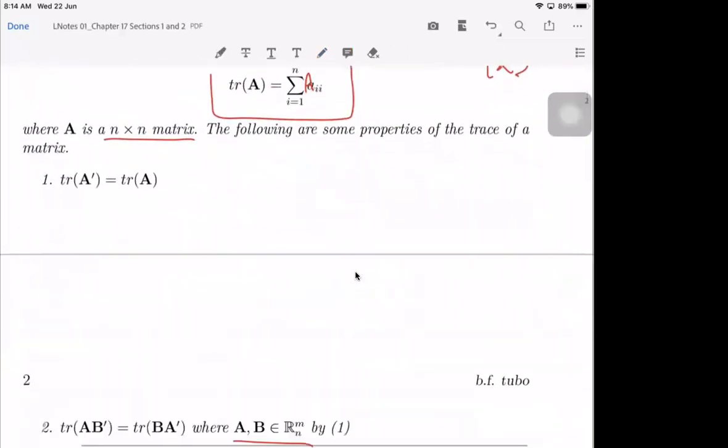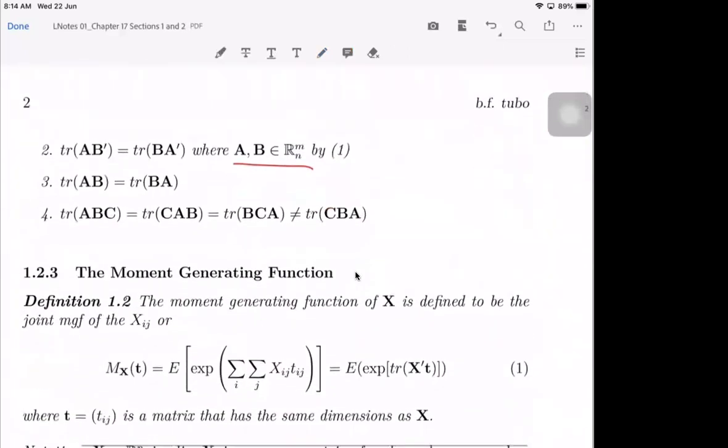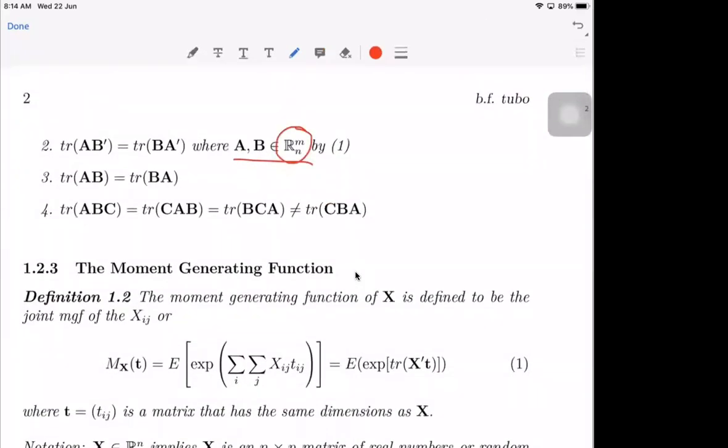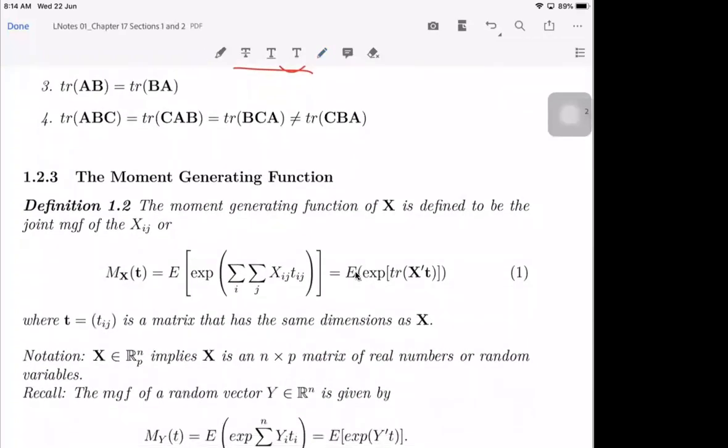Okay. When I use this notation, when we say X is an element of R^(n×p), it means that your X here is an n by p matrix, no? So the one above is the number of rows, and the one below is the number of columns.